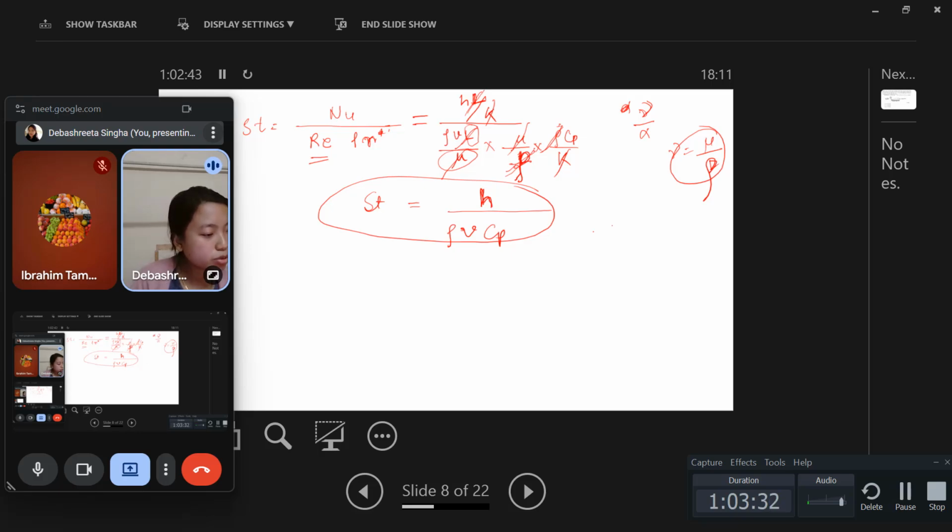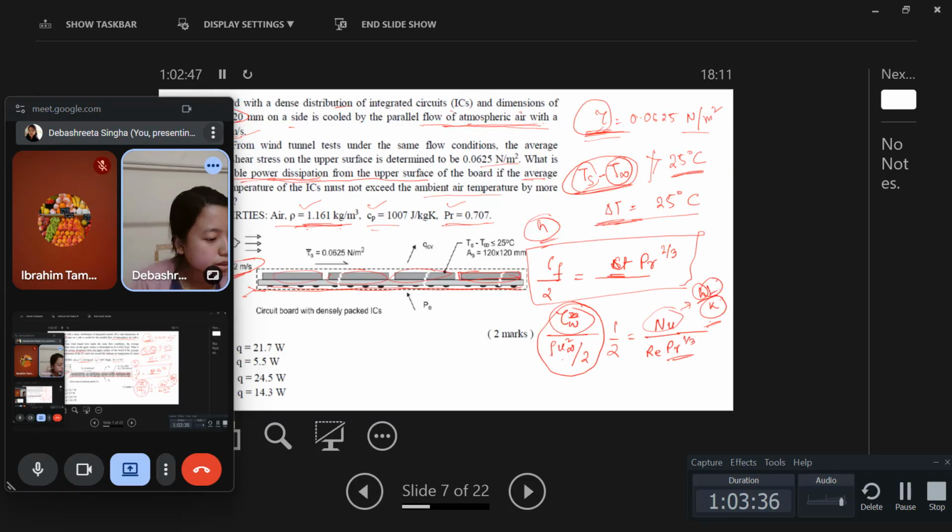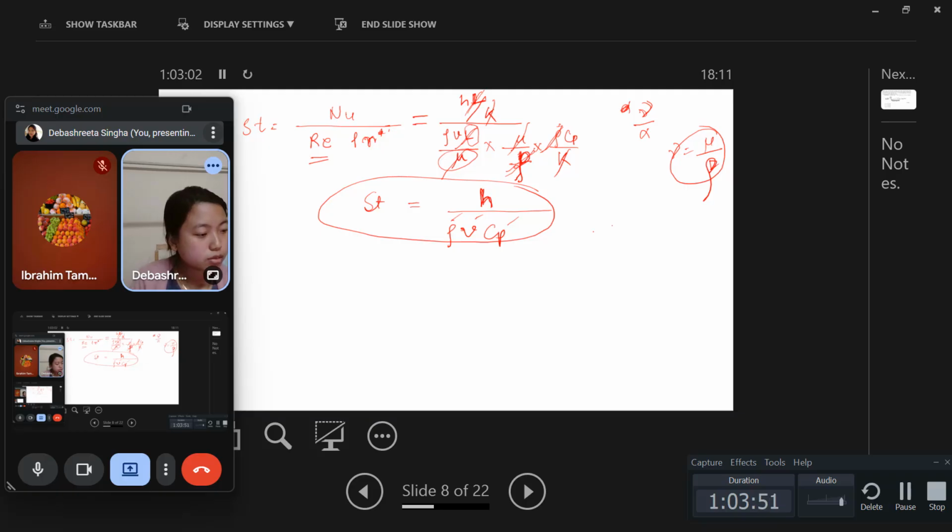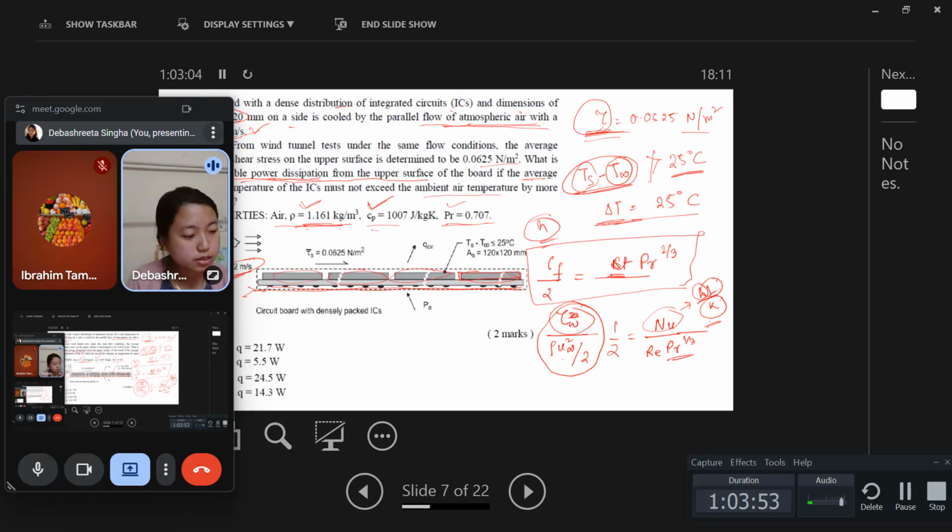Now from here you know rho V is given, Cp is also given. V is given, Cp is also given. Okay, so now you can find out how much is this H. So what we have done in this question, did you understand?